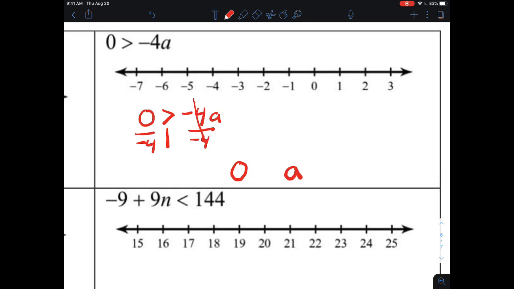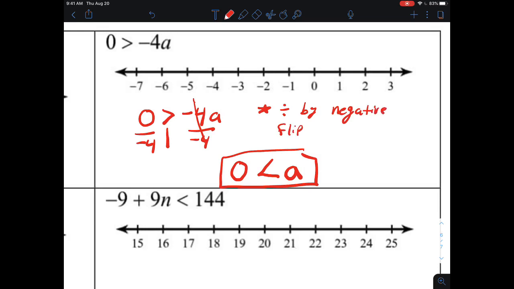Here is the big difference with inequalities and the equal sign: when you divide by a negative, you have to turn the inequality sign the other direction. So when I divide by a negative, you got to flip the sign to the other way.